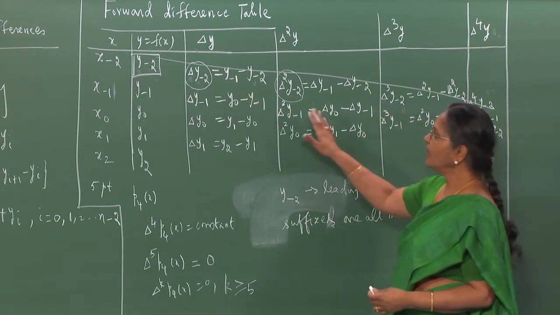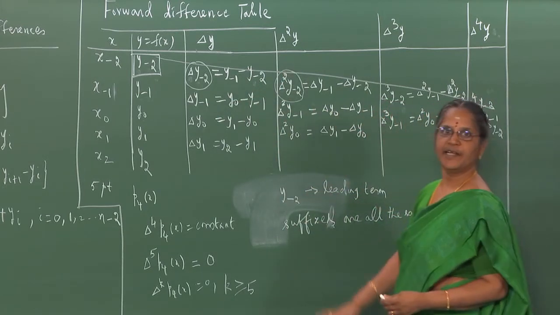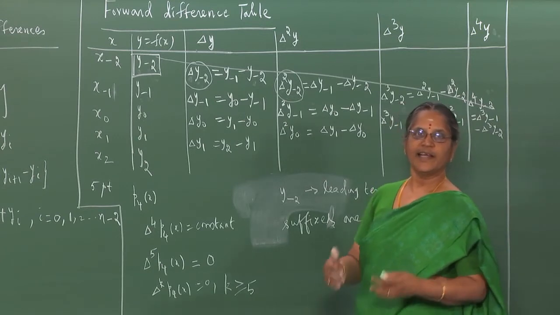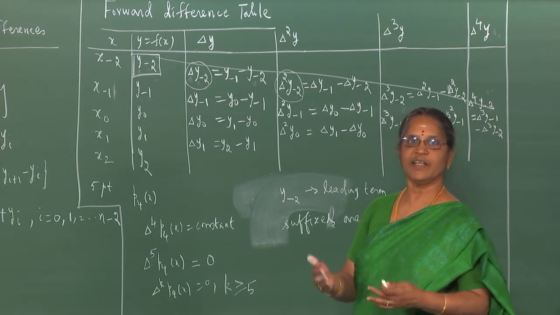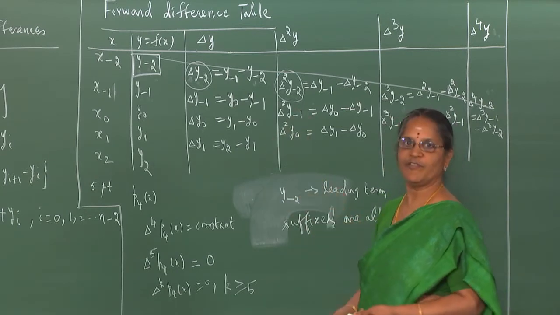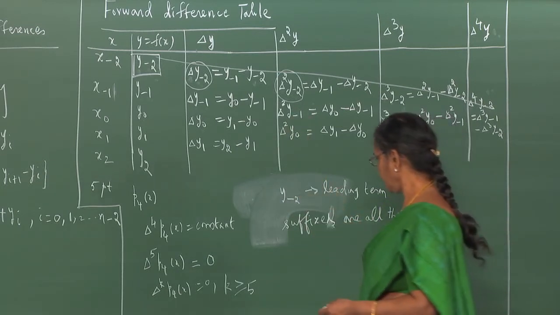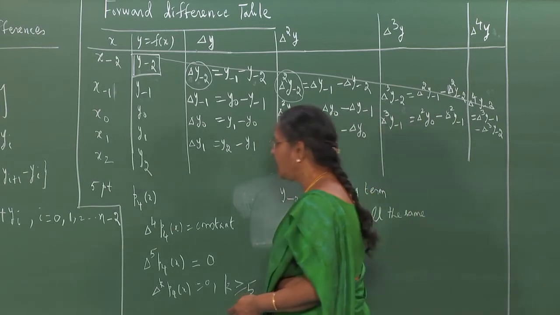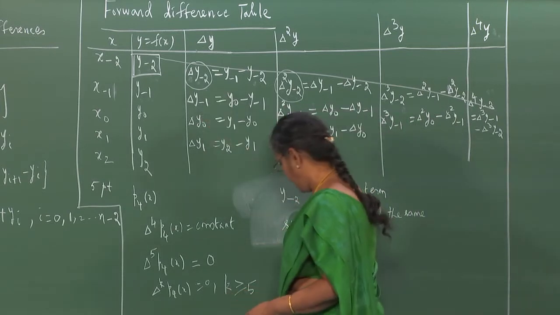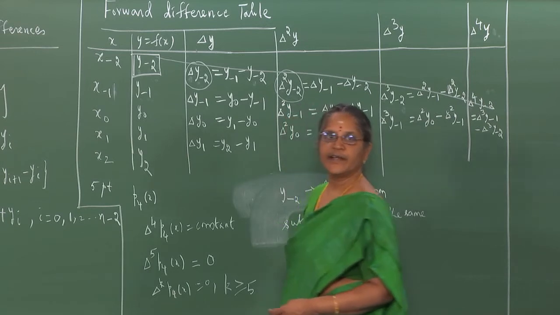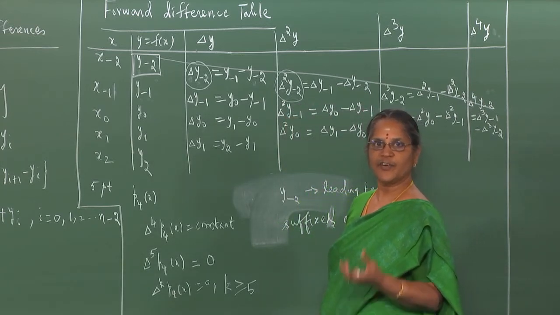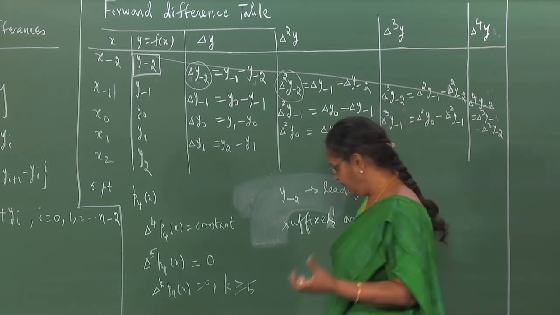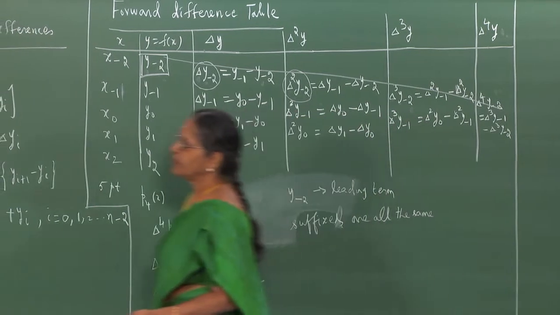So, this is how a forward difference table is formed for a set of values of a function which is given in the form of a table of values. As we said, we would like to make use of this forward difference table and find an interpolation polynomial for a set of given discrete points.